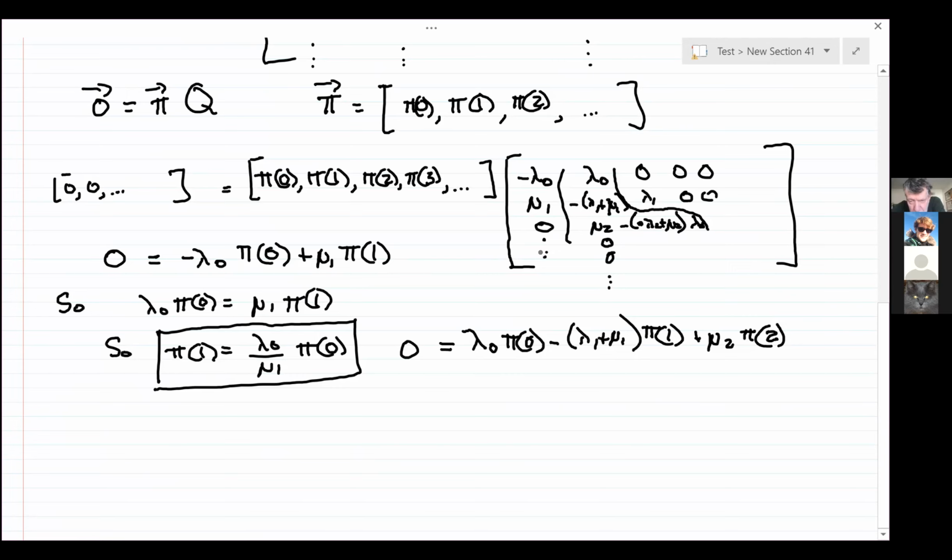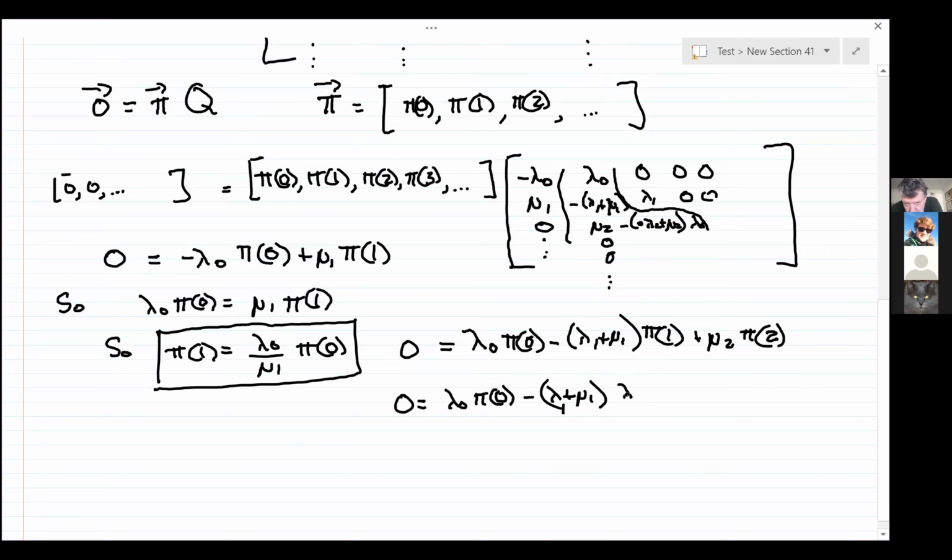Okay. So what can we do here? We can do two things. We can, first of all, realize that we already know what pi1 is in terms of pi0, so we can substitute that into here. So we have 0 is equal to lambda 0 pi0 minus lambda 1 plus mu1 times pi1, but pi1 is equal to this stuff.